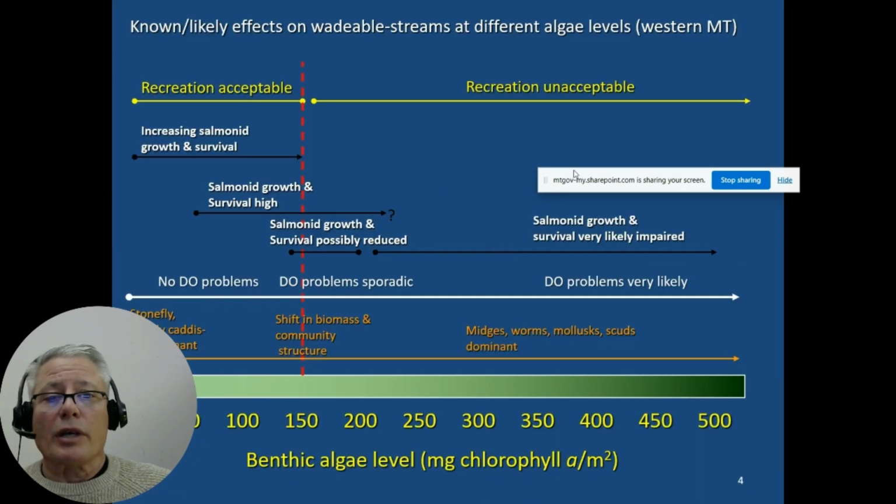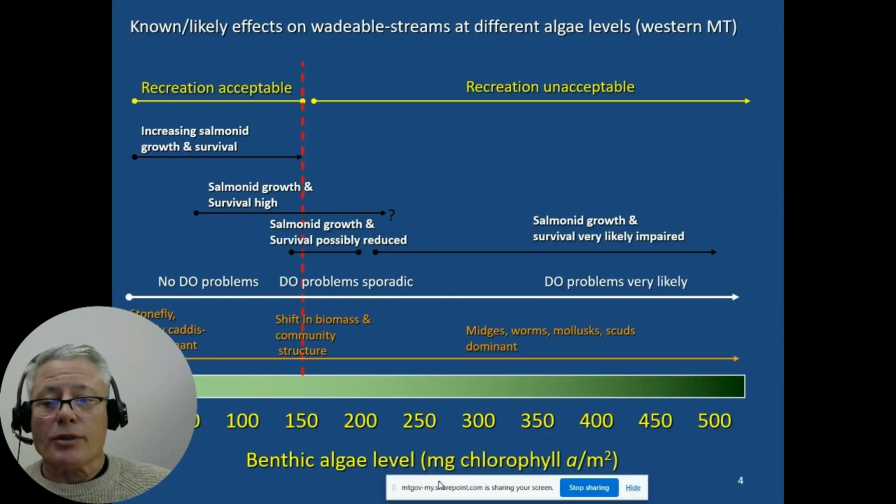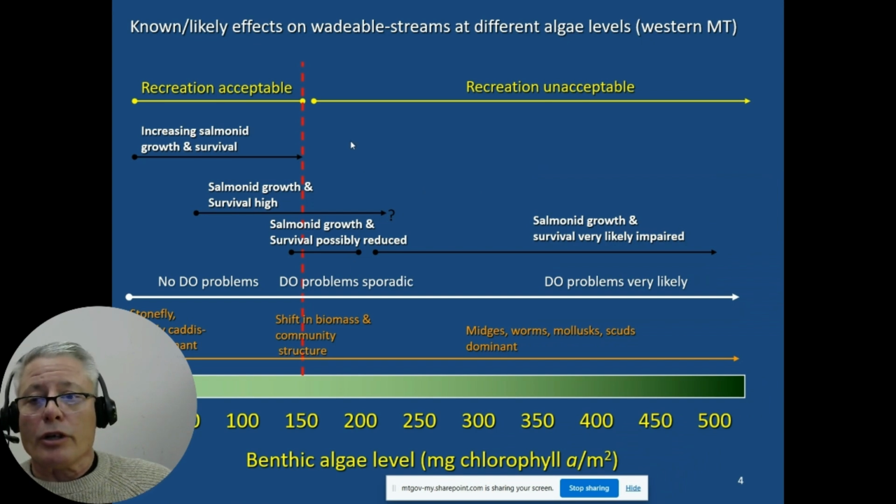Now, these levels of algae are known to have different effects on different aquatic life and recreational uses in these streams. So, for example, recreation is considered acceptable to the public at levels of 150 milligrams per square meter algae or lower, but not above that.